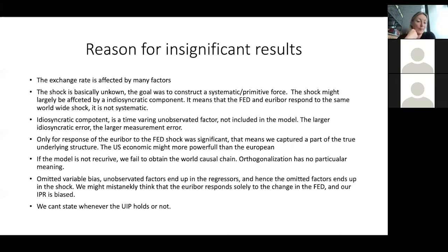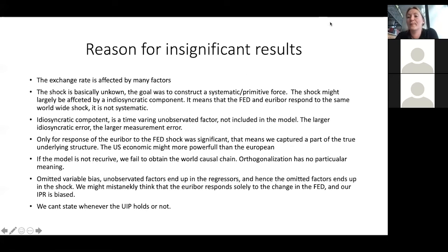Your last sentence, though, I do not agree. If you have a co-integration relation, and if you specify it according to your recursive order, you can say in the long run, the uncovered interest rate parity is represented by that co-integrating vector. And what you are looking at with the impulse response analysis is adjustments after shocks to this long-term effect.